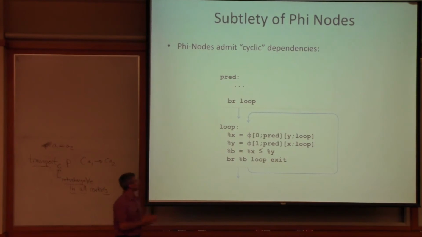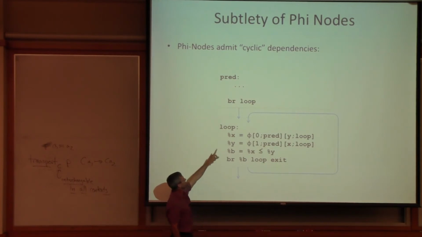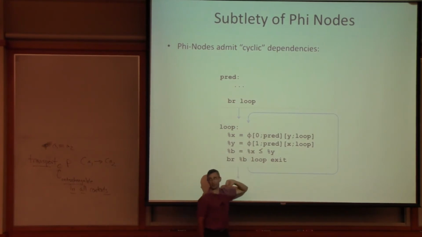So here's an interesting example of a program that is legitimate SSA, and we can think about why. We have some predecessor block that just does a direct jump to this loop, and the loop is assigning 2 SSA variables, phi nodes, as it should. There are 2 predecessors to the loop block, the loop itself and the predecessor block.